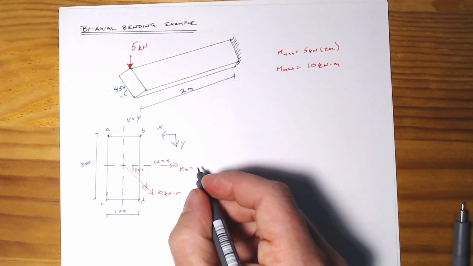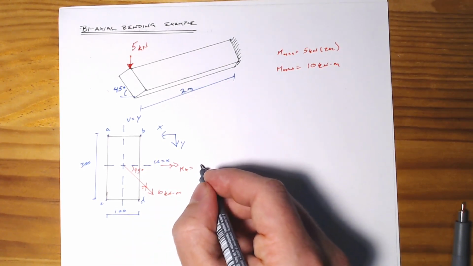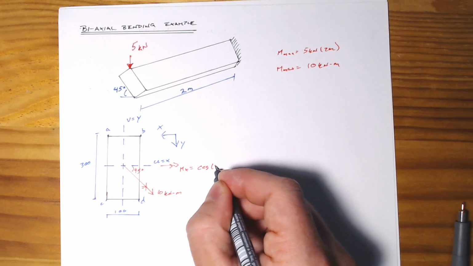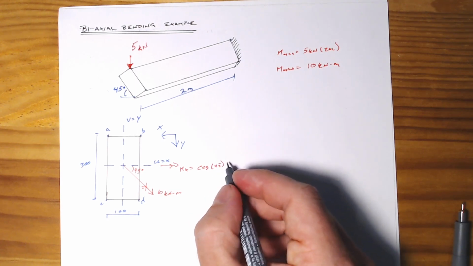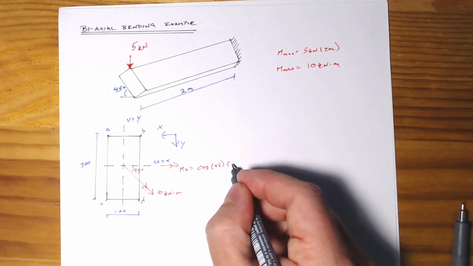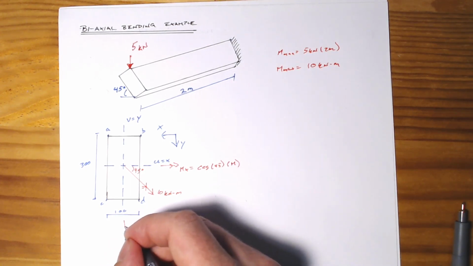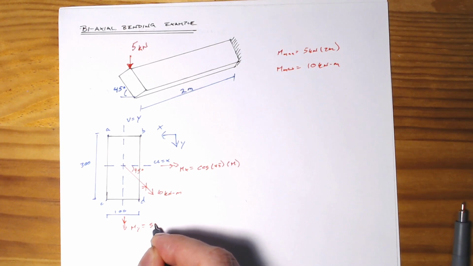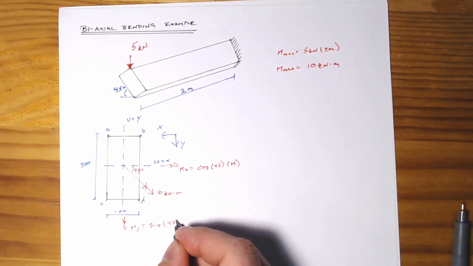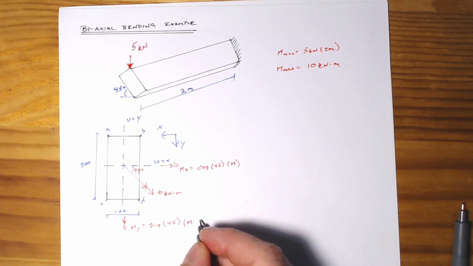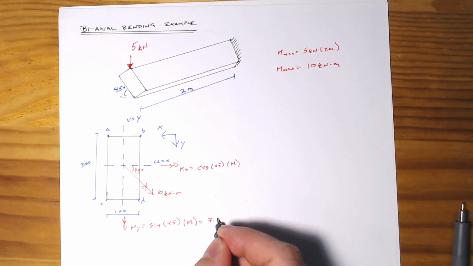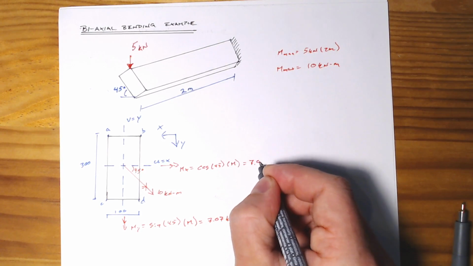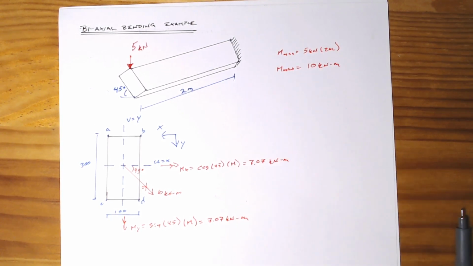a moment Mx equal to cosine of 45 degrees times M, and My equals sine of 45 degrees times M, and this is going to be 7.07 kilonewton meters, and again 7.07 kilonewton meters.